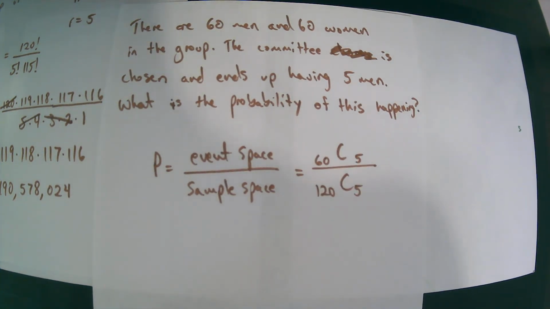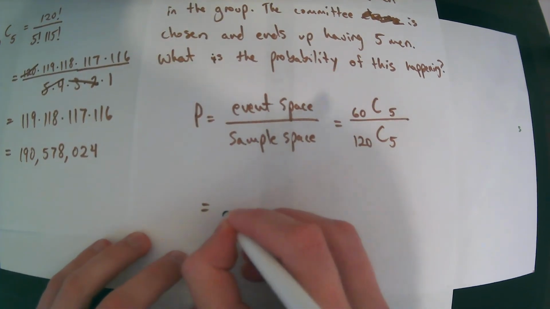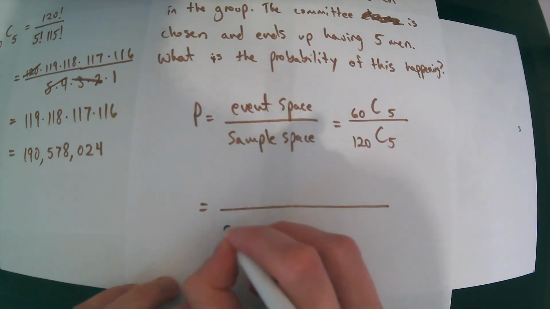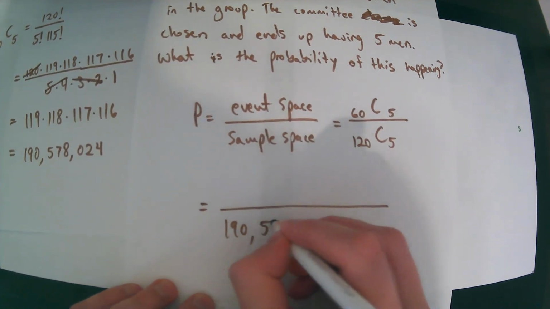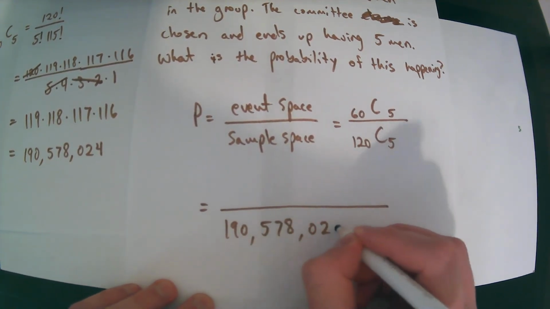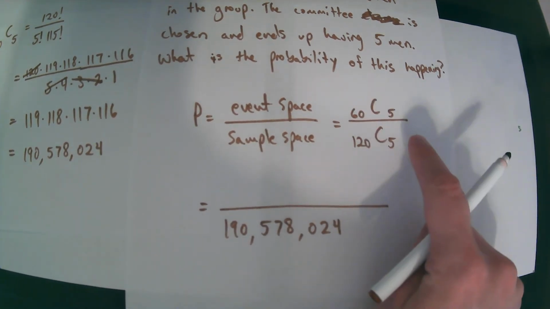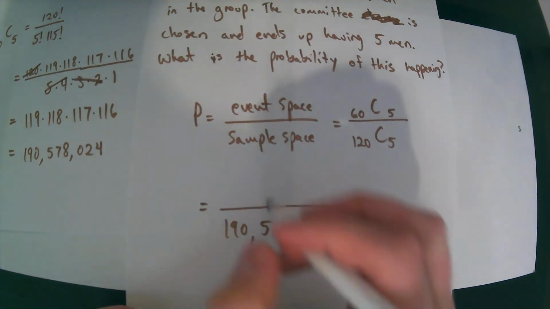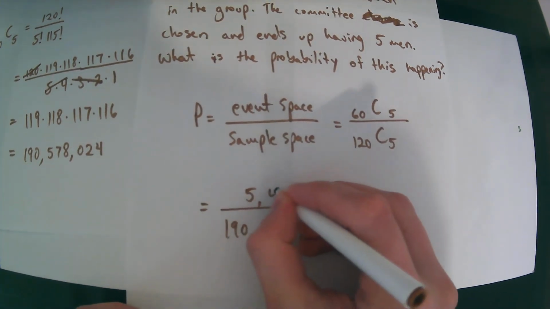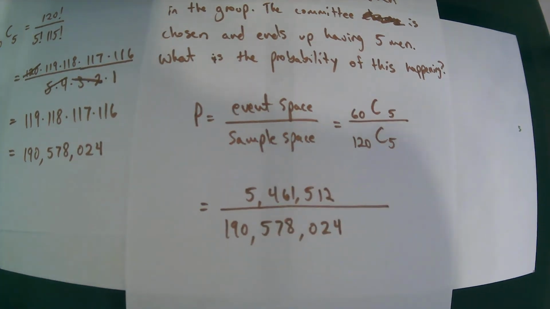And by the way, that is going to give us these 2 numbers. First of all, we already know this calculation to be this. And the top calculation, let's see, 60 choose 5 is 5,461,512. Let me redo that. I want to make sure I got that right.